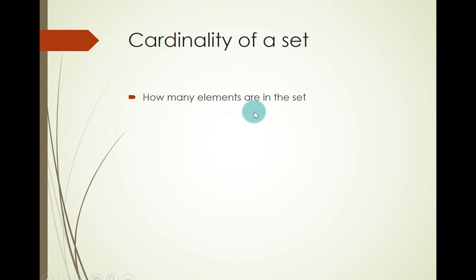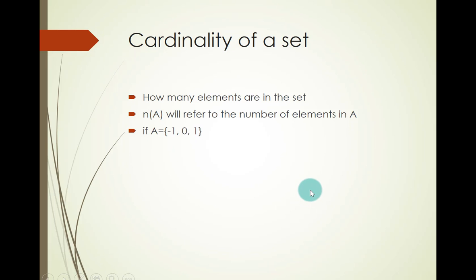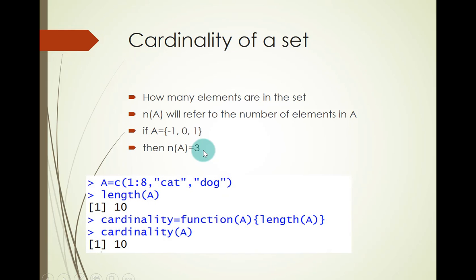So like I said, cardinality of a set just means how many elements are in the set. And in set notation, we would use something like this. N of A would refer to the number of elements in the set. So if A equals this set, then the number of elements in A would just be 3. So here's something in R. You should recognize this as a vector.